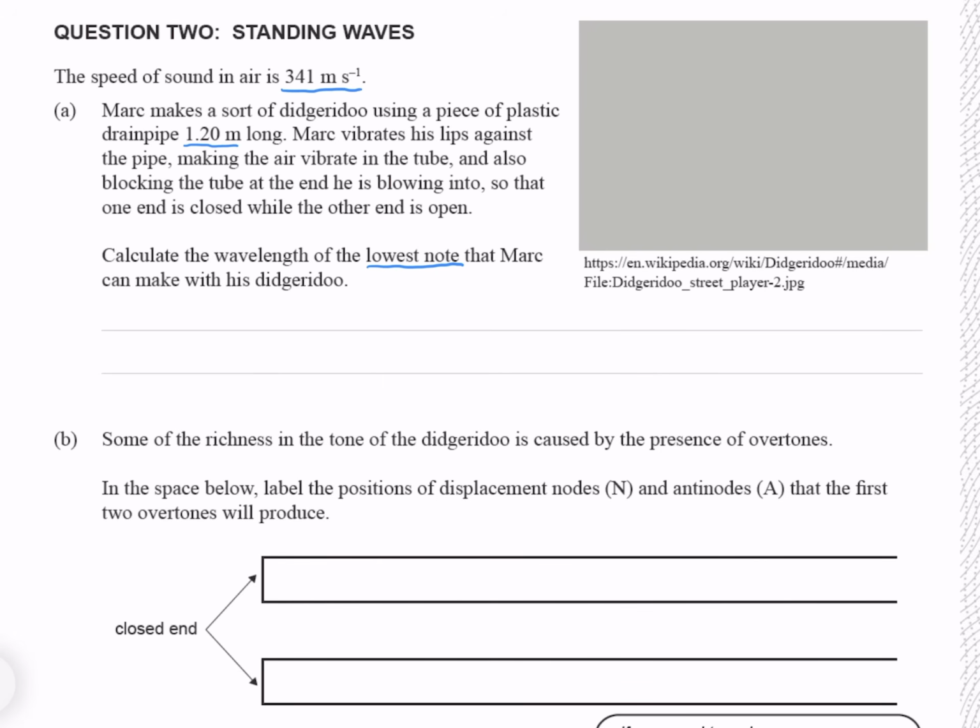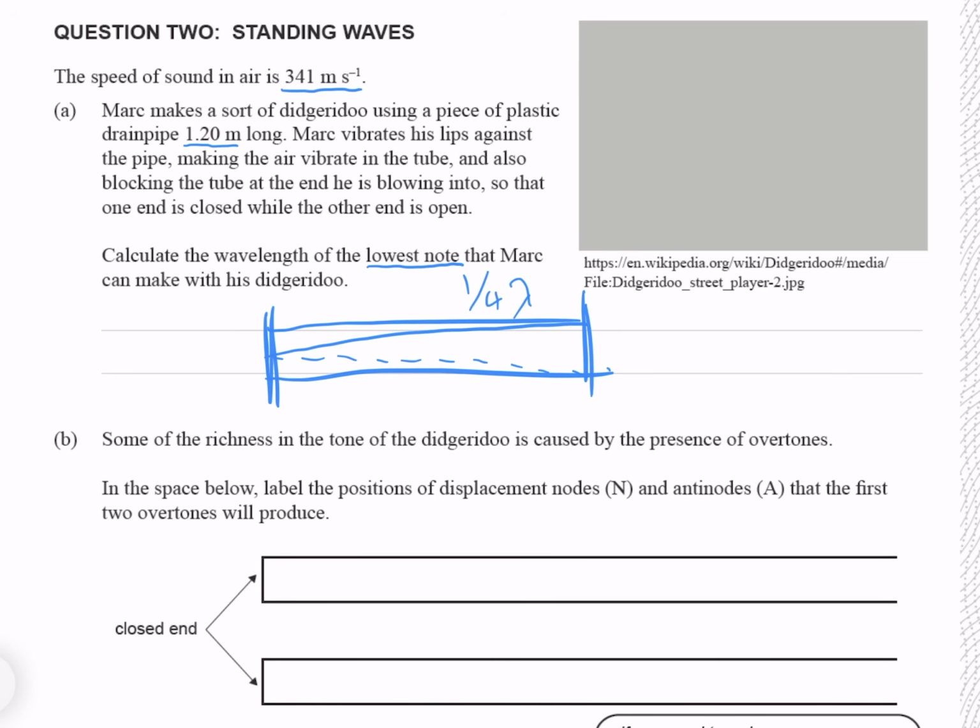So if we imagine our didgeridoo with a closed end and an open end, the lowest note is going to be the first harmonic, which looks something like this. The proportion of a wavelength that is in the pipe is 1/4.